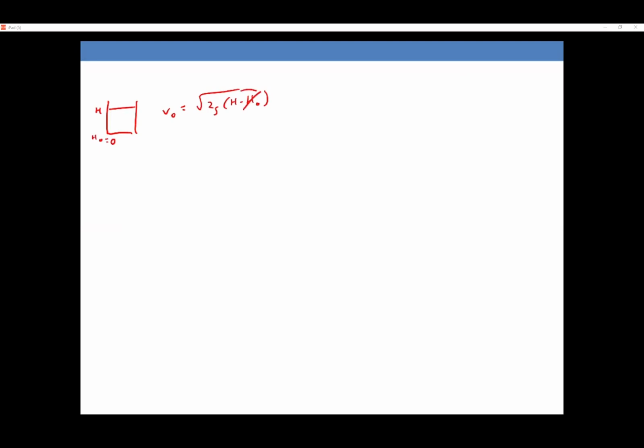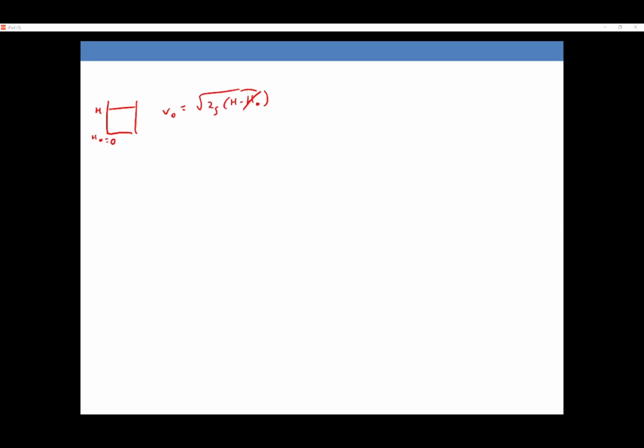So Zach, how did you find that? I just used the mechanical energy balance. Okay, you just used the mechanical energy balance. I'm going to write it out because I want to talk about a couple other assumptions that we had to make to get there.